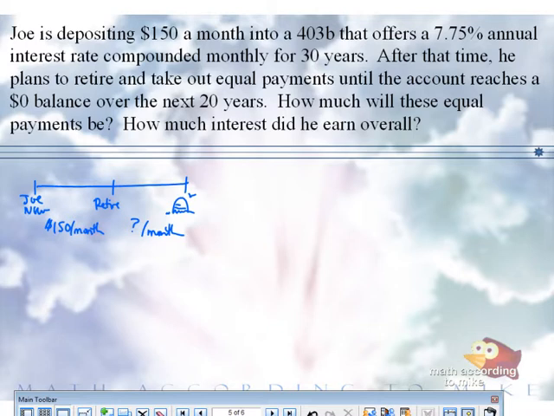It's going to be future value. It's not going to be a sinking fund because we know the payment. We don't know how much he needs to have in the account by the time he retires, though. So now he's retired, and now he's going to clear that account until there's nothing left over. So what formula is that? Amortization.